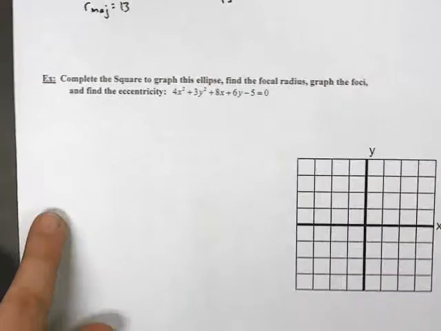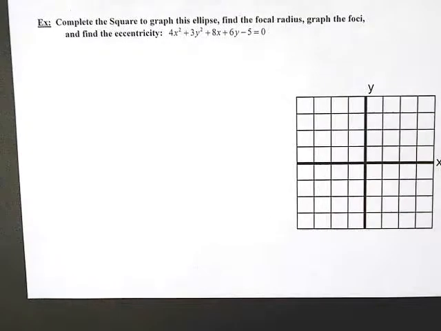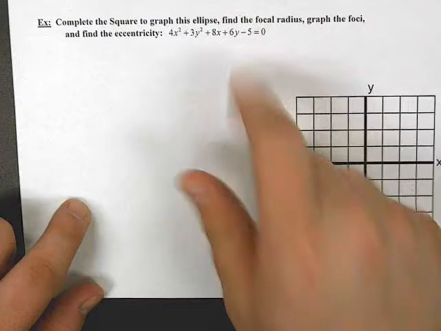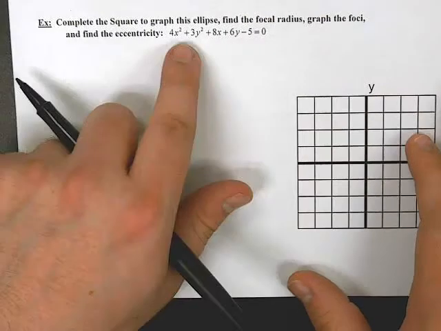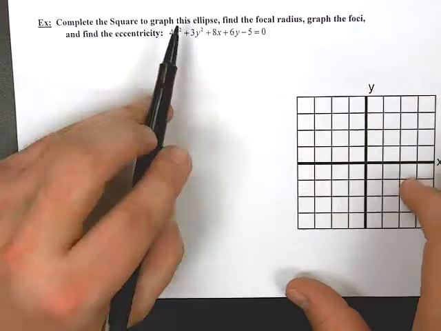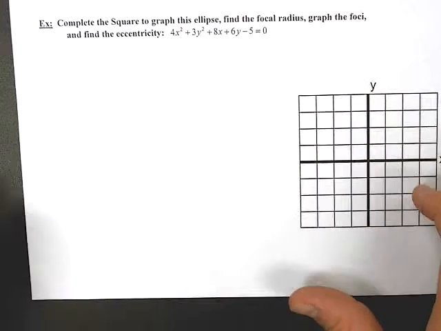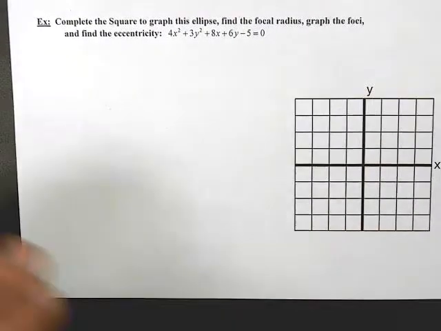We're going to do everything now. Every single step. I'm just giving you an equation. We have to complete the square. We're going to graph, we're going to find the focal radius, and we're going to graph the foci, find the eccentricity, everything.